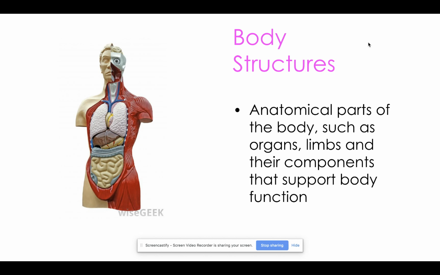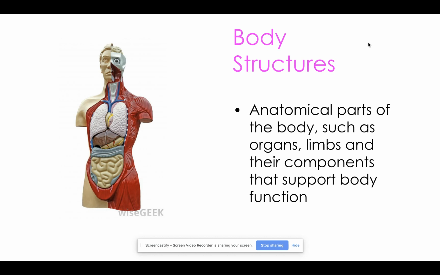Now we're going to break away and we're going to talk about body structures. These are the anatomical parts of the body, such as the organs, the limbs, and all those components, the muscles, anything that you can basically touch. Those are the anatomical body structures. This allows our body to have the structure. Looking at this picture here, if your lungs were not where they were, it would not keep your chest inflated.